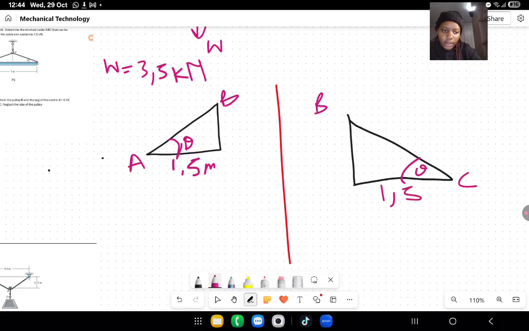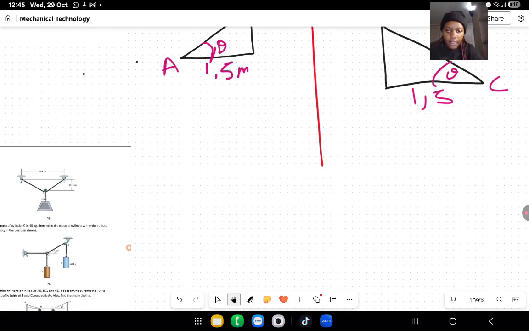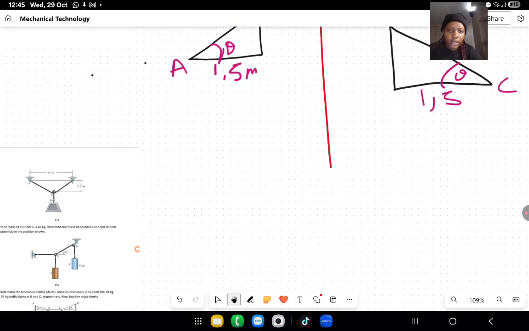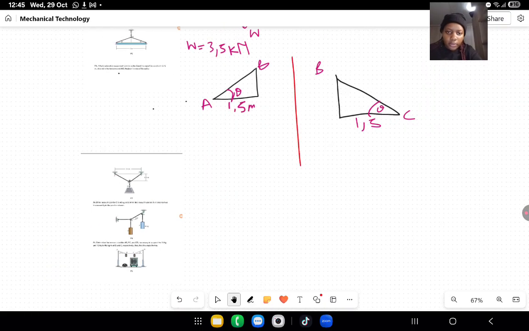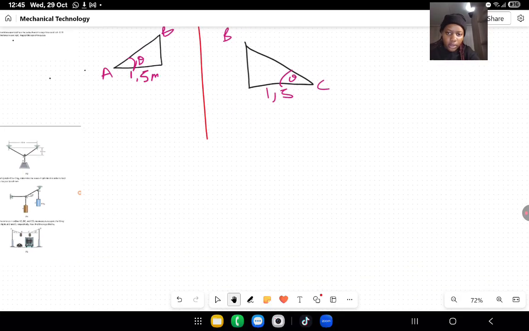Then this is our C. So now we need to calculate the shortest side, right? To calculate the shortest side, we will start by finding the vertical and horizontal components. Let me make it smaller so that you can see.